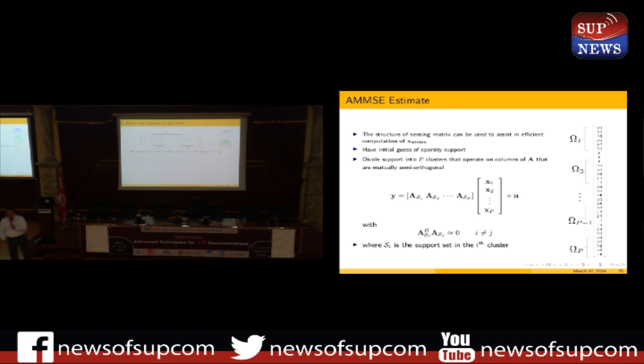What do I mean by that? For example, if you take this matrix, A1 Hermitian A1, and you compare it with AI Hermitian AI, the value is the same. Okay, why? Because the relative positions of the columns are the same. To make it more precise, this is A1 and this is AI. AI is composed of the same columns of A1 modulated by a single vector here, A delta I. So this vector is the same for all columns, okay?